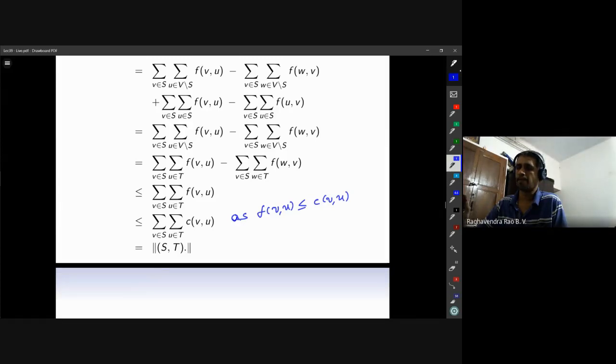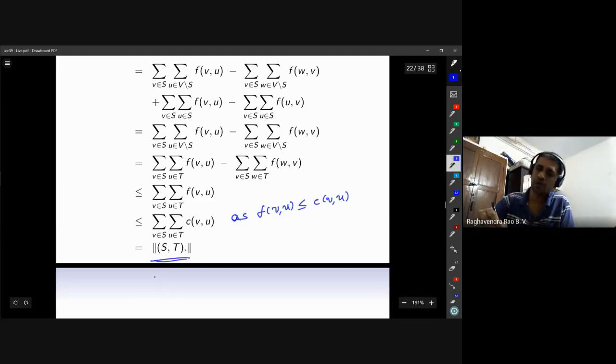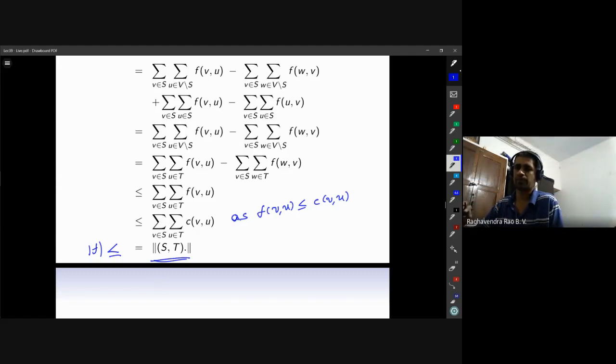Now this is exactly the value of the S to T cut, right? Again, I'm assuming that if UV is not an edge or VU is not an edge, then the capacity is 0. Okay, so under that assumption, this is nothing but the value of the cut. So, in other words, value of F is less than or equal to this value. So it is less than or equal to the value of the cut.